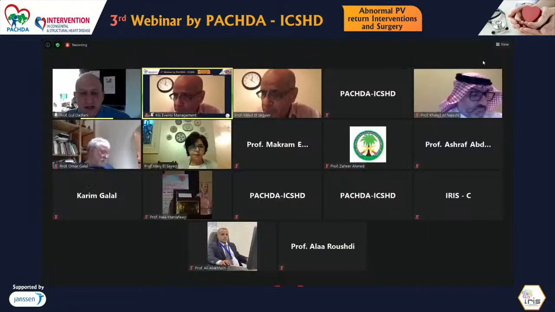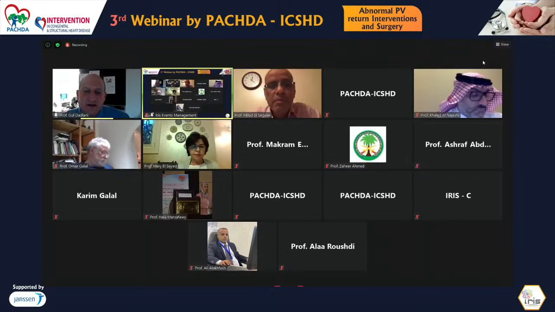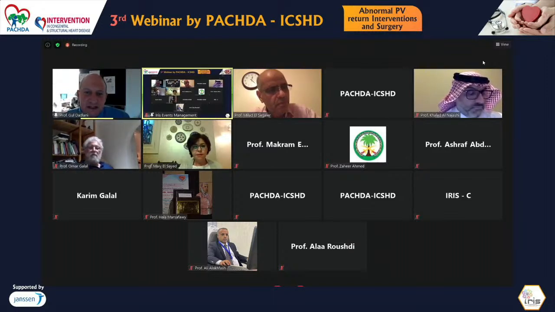Sure. Again, depending on the age of the child, if you have a significant shunt, in the lab you can calculate the direction of that shunt, or by echo you can assess the direction of that shunt. If you have left to right shunting, I would always be an advocate for taking it out, independent of the calculation of your resistance.